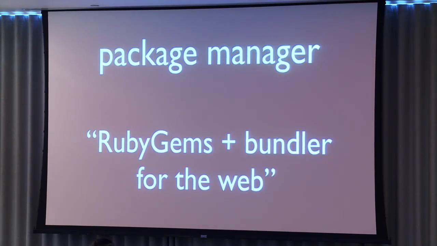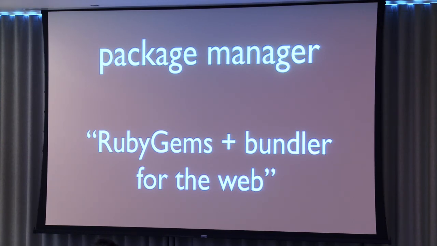And we also want a package manager. My definition of the problem would be, we want Ruby gems plus bundler for the web. That is to say, a central package registry and a tool that figures out, given a bunch of version constraints, which dependencies to load and how to resolve any conflicts.